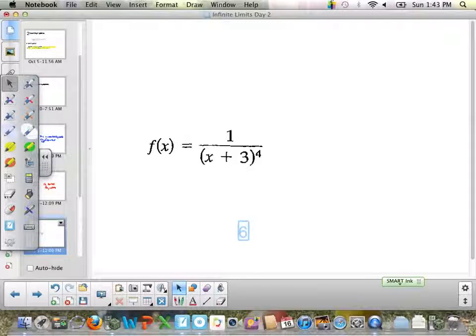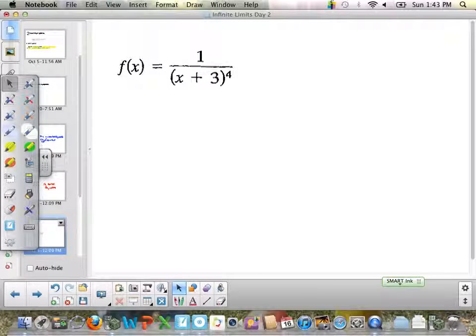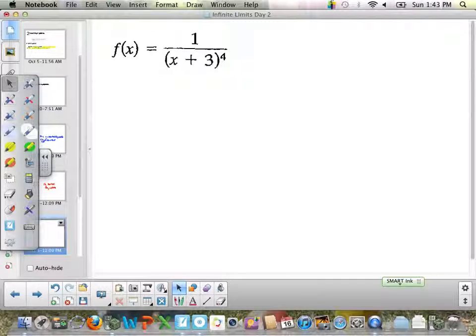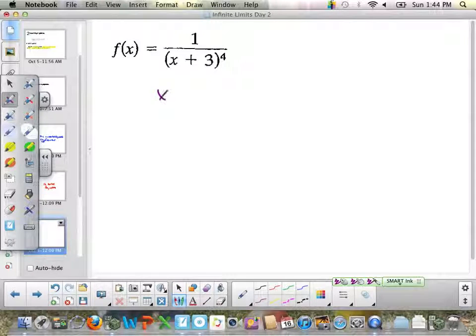All right, let's take a look at this one. f of x equals 1 over (x plus 3) to the 4th. We've got x plus 3 in there 4 times. I don't need to check each one. Checking x plus 3 once will be sufficient. So x plus 3 equals 0 at x equals negative 3.